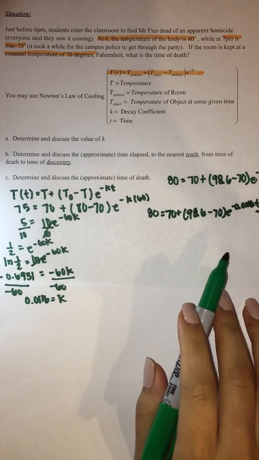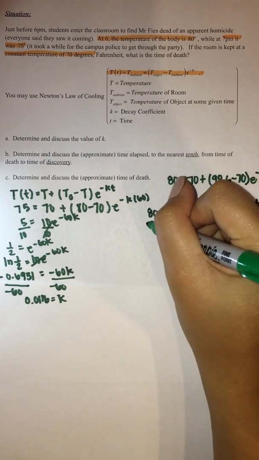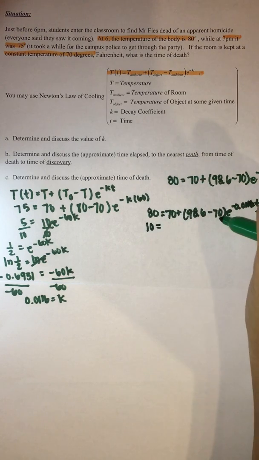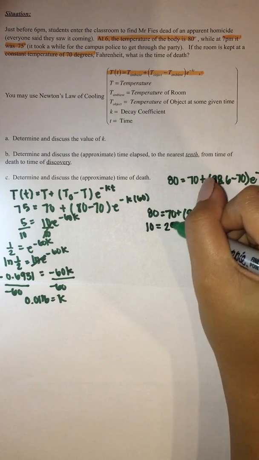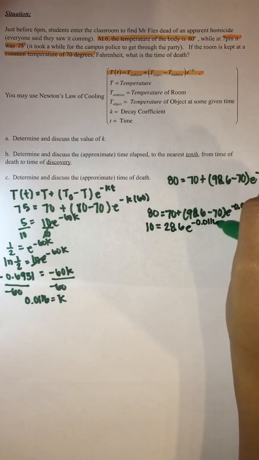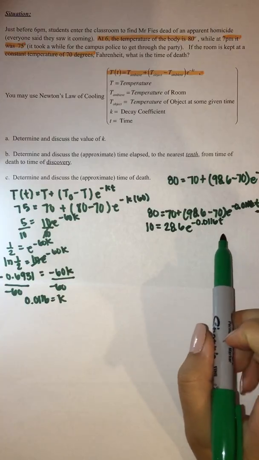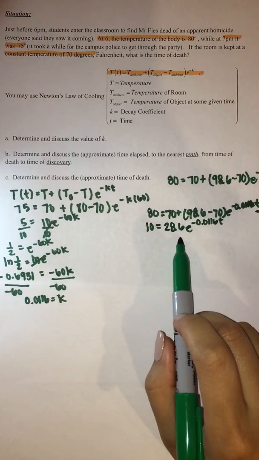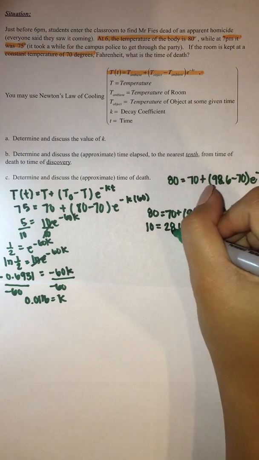So after you get this formula, you're going to simplify it. Subtract 70, so then you'll get 10 equals 98.6 minus 70 is 28.6, so 28.6 e to the negative 0.0116 t, because we're trying to find t. Now we divide both sides by 28.6 so we can get e to the negative 0.0116 t by itself.